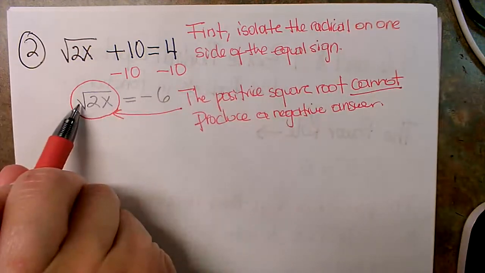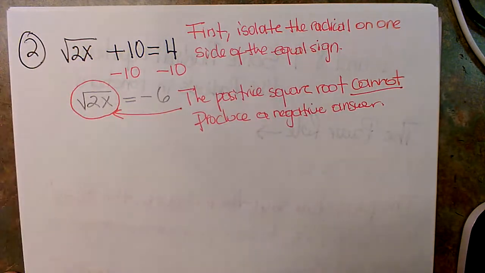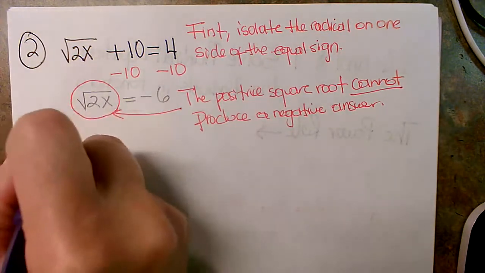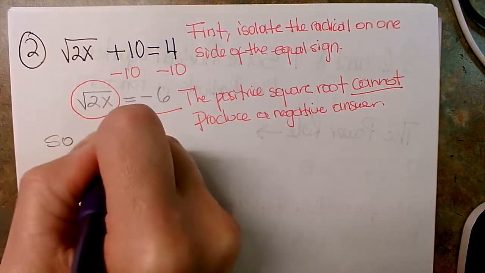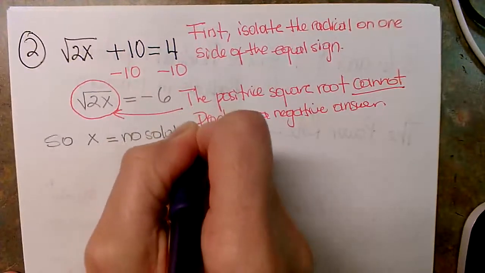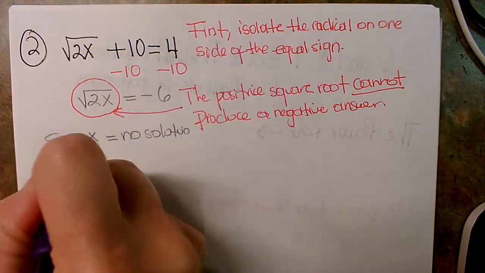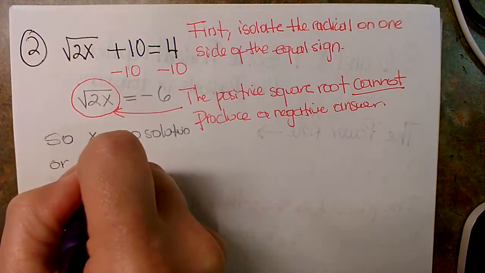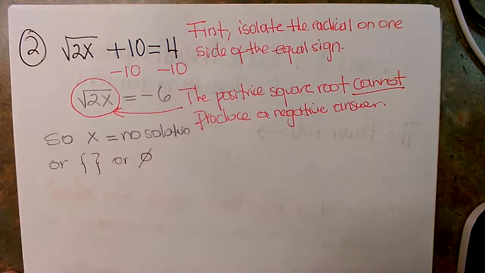Remember, it's a square root, this one cannot be negative. So what we say here is that x doesn't have a solution, okay? Or we could write it as empty brackets, or like this.